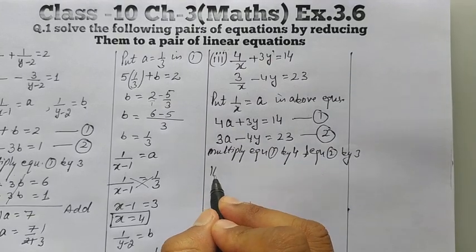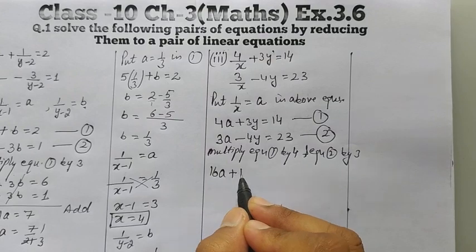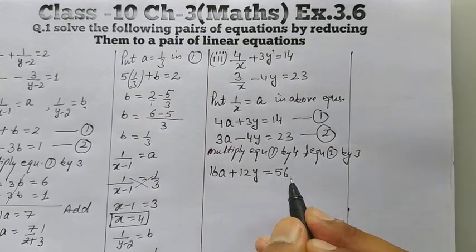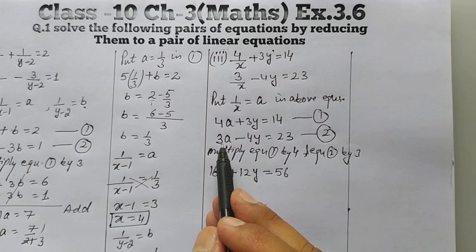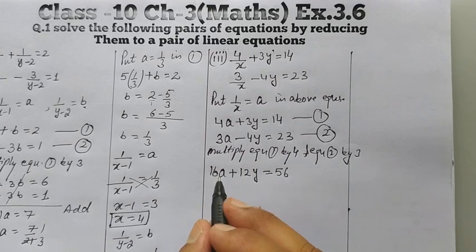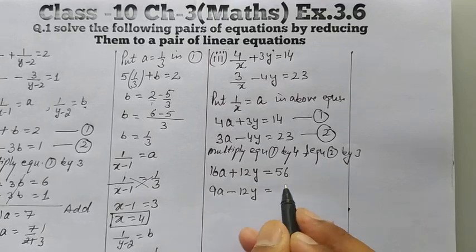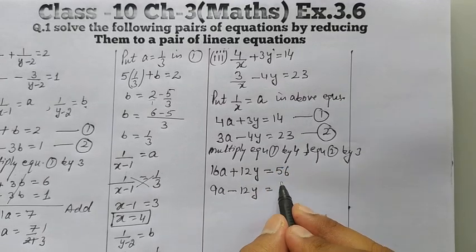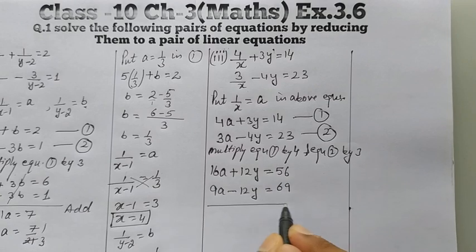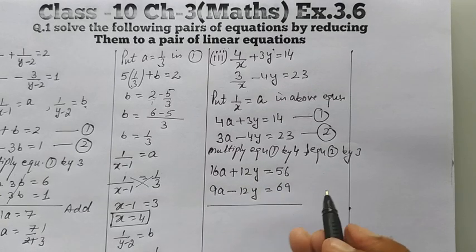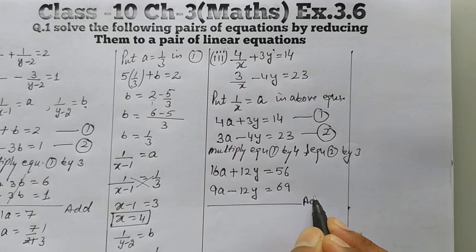It becomes 16a plus 12y is equal to 14 4s are 56. Now this equation by 3, so it becomes 3 3s are 9a minus 12y is equal to 23 3s are 69. Now because the signs of these two coefficients are different, we'll just add these two equations.